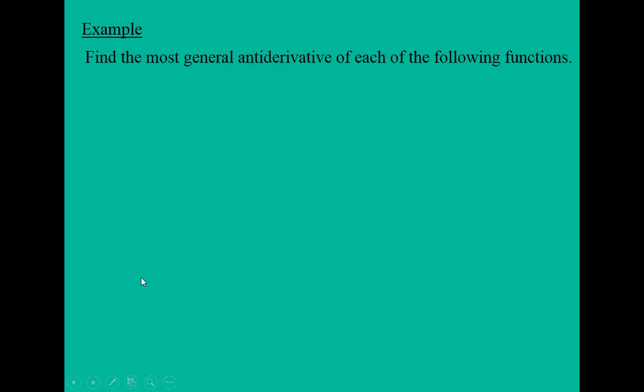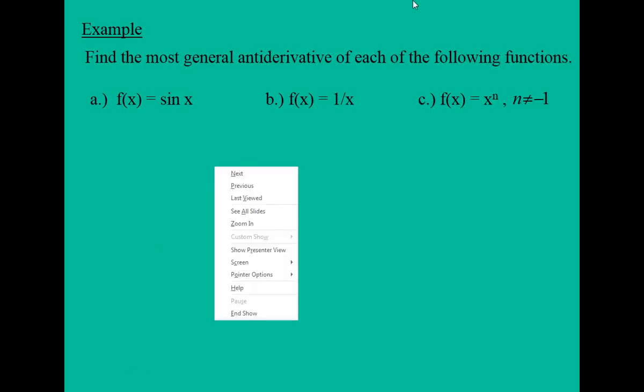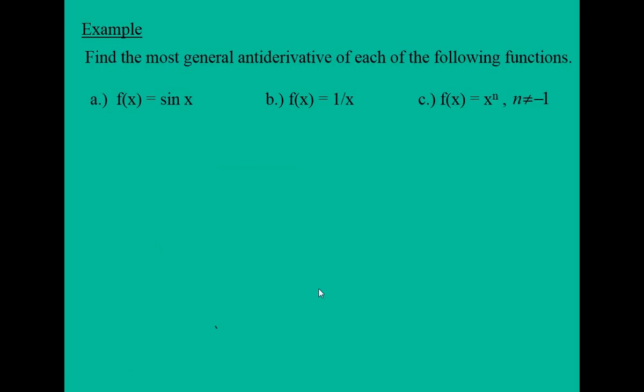Find the most general antiderivative of each of the following functions. Part A. If we're thinking that the derivative of some function gave us sine of x, what would that function have been? If we take the derivative of some function, we get sine of x.